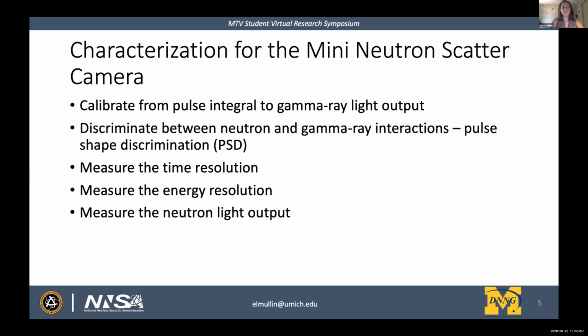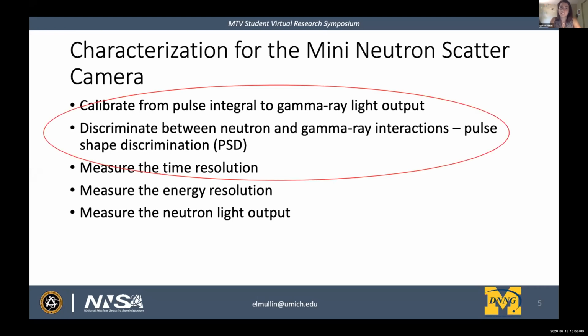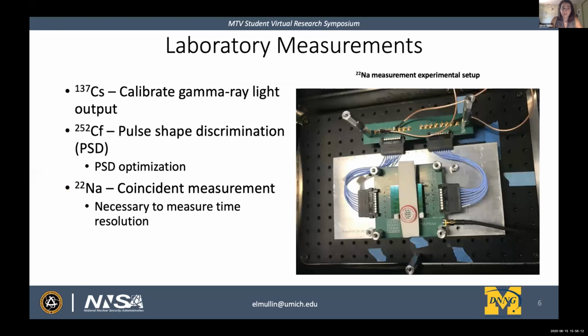We need to measure the time resolution, the energy resolution, and the neutron light output. For the purpose of this presentation today, I'll just focus on the first 3 characterizations that we've performed thus far. To do these, we performed several laboratory measurements.